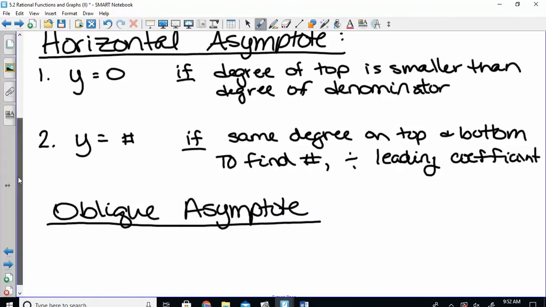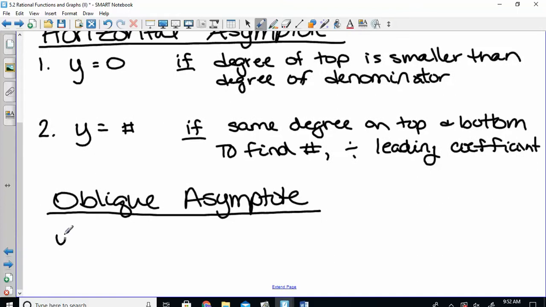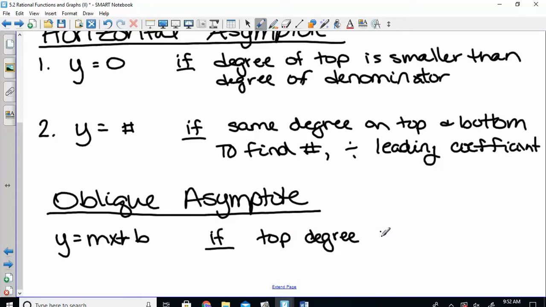An oblique asymptote is going to be of the form y equals mx plus b. And this happens if the top degree is 1 higher than the bottom degree.